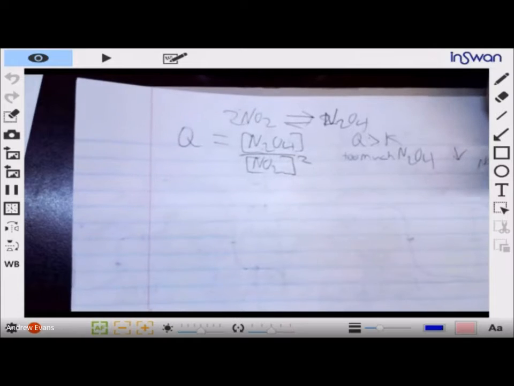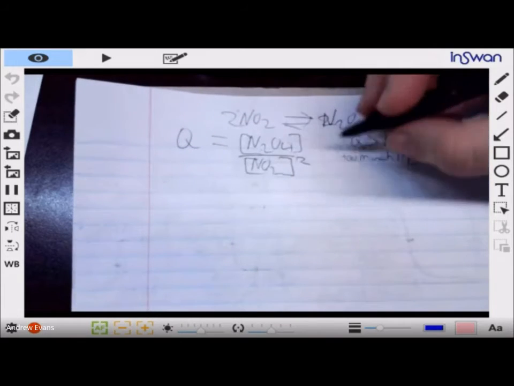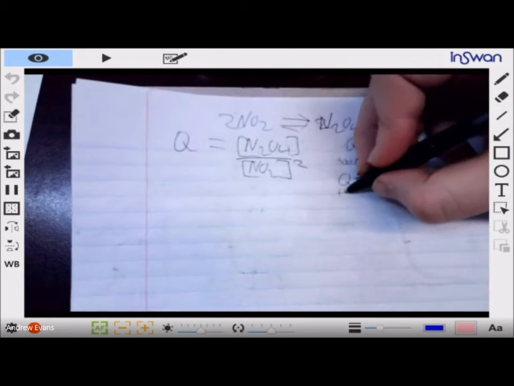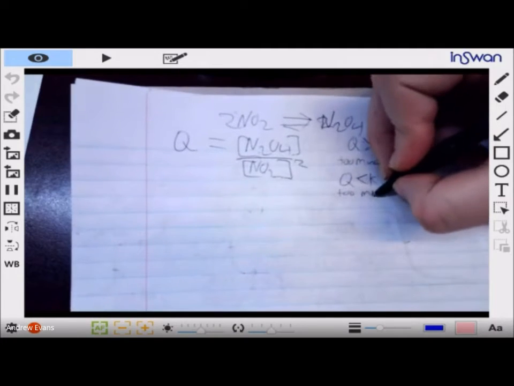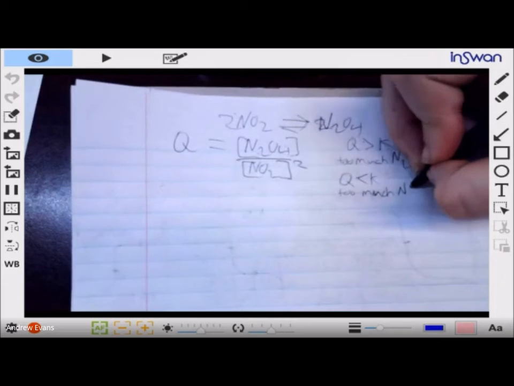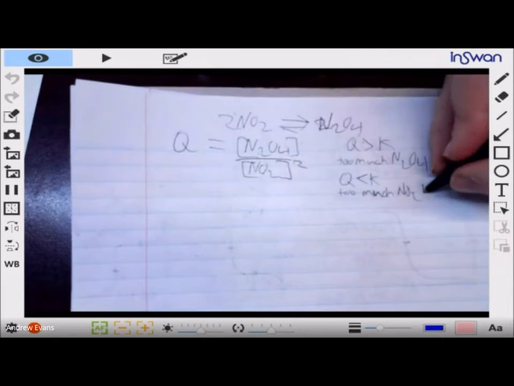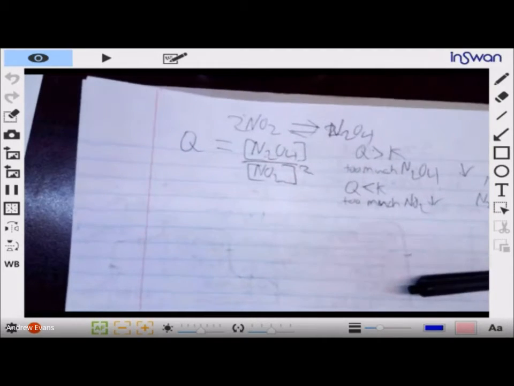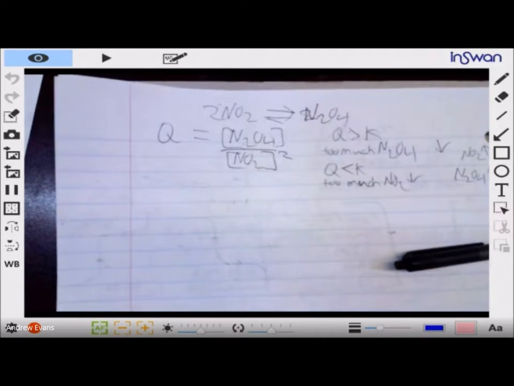And that would bring it back to the K. If Q is less than K, it means too much reactants, too much NO2. And so this guy would have to go down, and N2O4 would go up. And so by looking at Q, we could figure out how close we actually are to equilibrium.